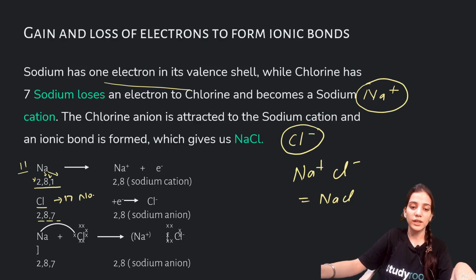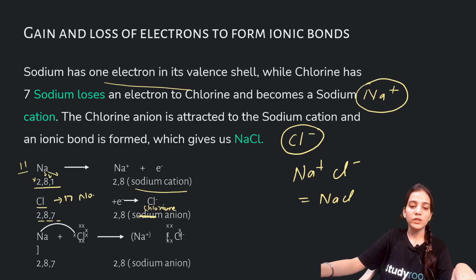As I explained earlier, this is how a sodium cation is formed, and the chlorine anion is formed. Now these two will combine together.